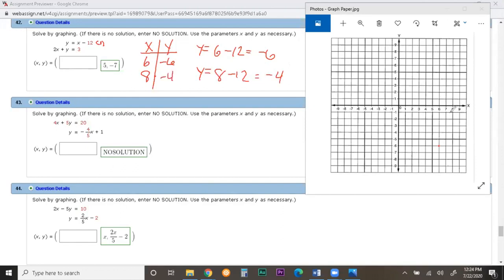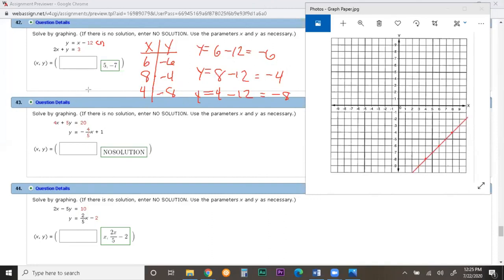So that'll be 8, negative 4. So let's put a 4 in for x, and we'll get a negative 8. So we got 4, negative 8. All right. Now we are going to connect those dots.